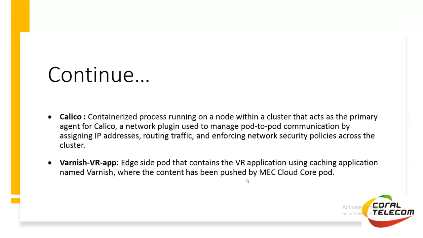Okay, the next component is Calico, a containerized process running on a node within a cluster that acts as the primary agent for Calico, a network plugin used to manage port-to-port communication by assigning IP addresses, routing traffic, and enforcing network security policies across the cluster.